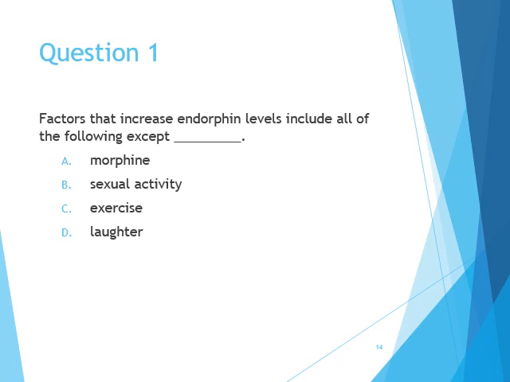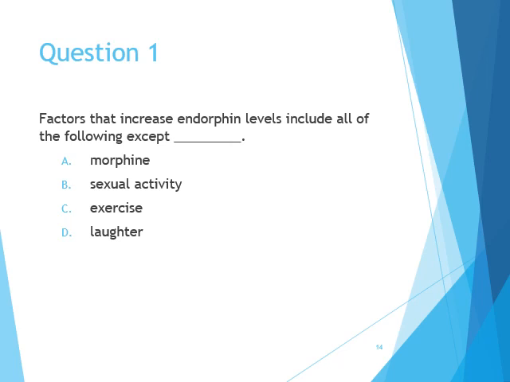So research suggests that prolonged stress and pain, as well as the prolonged use of morphine and alcohol, decrease endorphin levels. So people who have been on long-term pain management, they don't have any endorphins to make them feel good. They don't have any feel-good hormones. Factors that increase endorphin levels include stress and pain management, laughter.